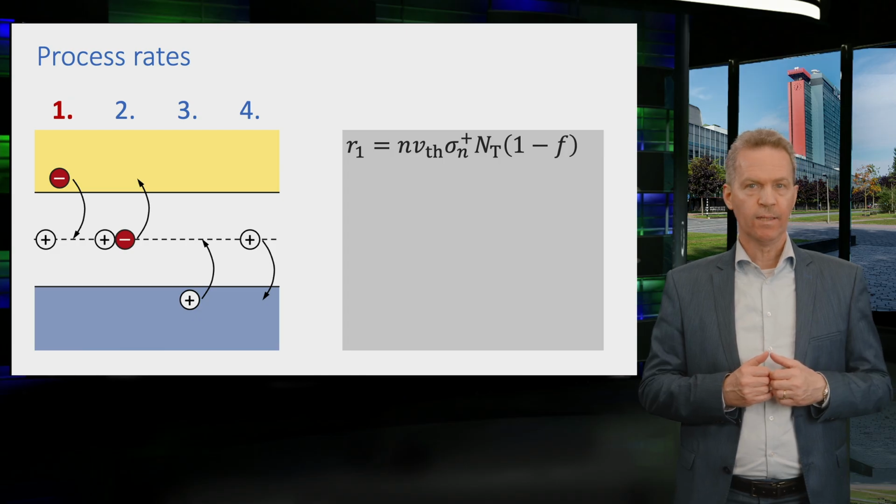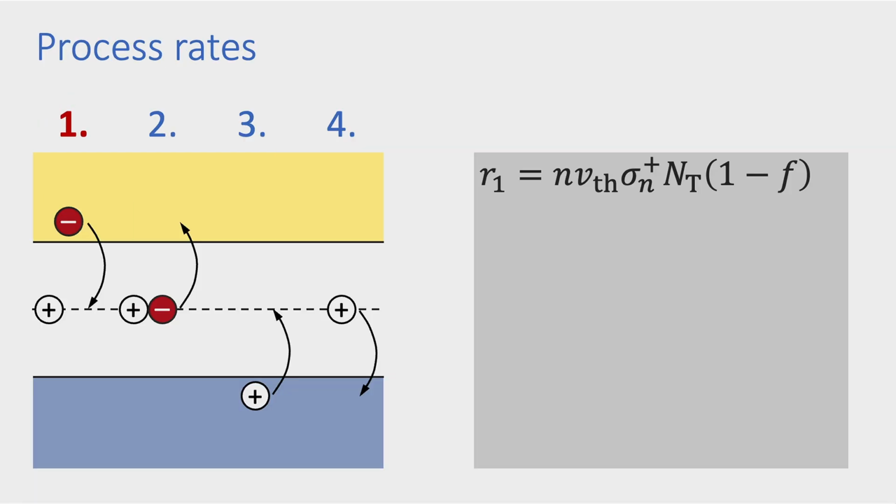The first process is given by the following expression. Since it involves the capture of an electron, it is proportional to the free electron concentration n. It is also proportional to the trap concentration Nt, since more traps can trap more electrons.